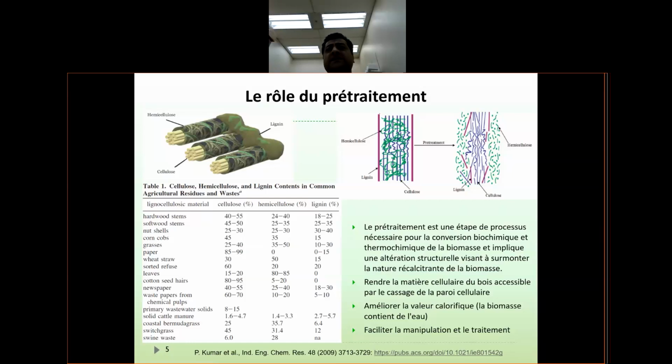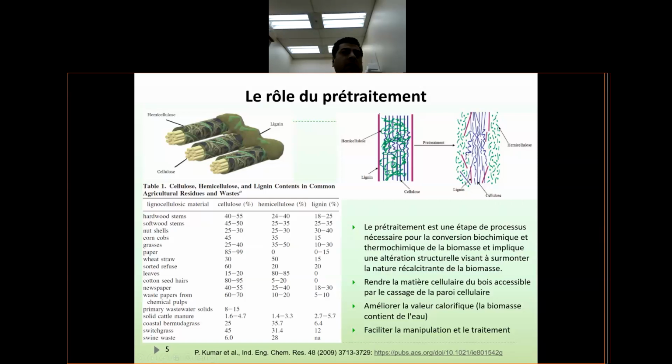Again, I want to emphasize that one of the main objectives of biomass conversion is to extract cellulose and hemicellulose and separate them from the lignin. Okay, because lignin is a tough material. You will see later on that there are several techniques used to extract and separate cellulose and hemicellulose from lignin.